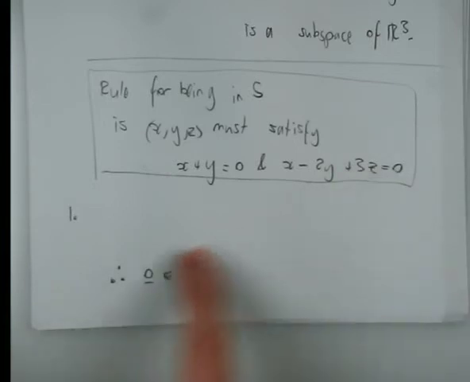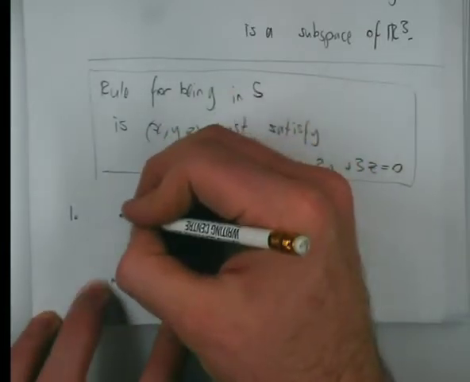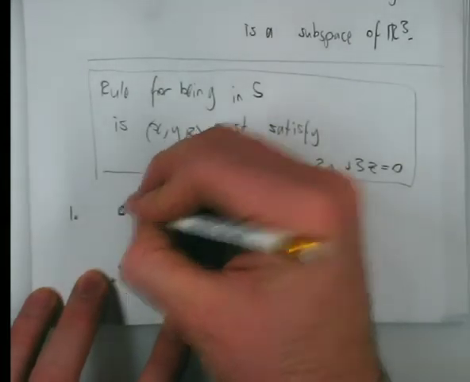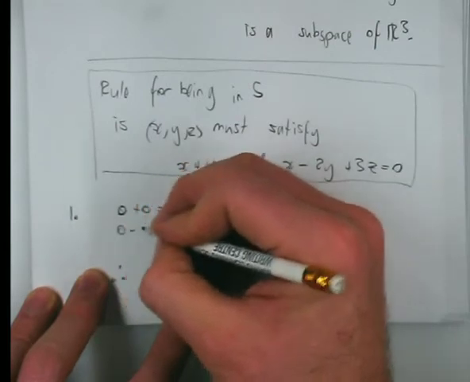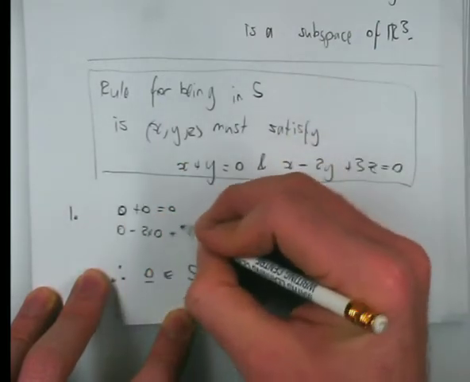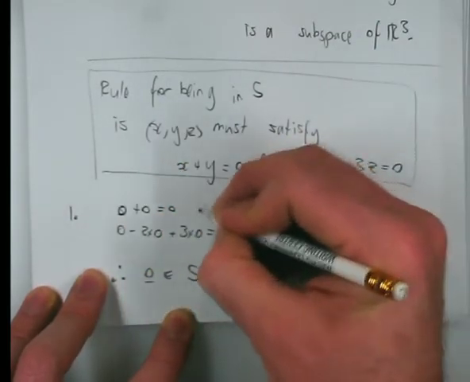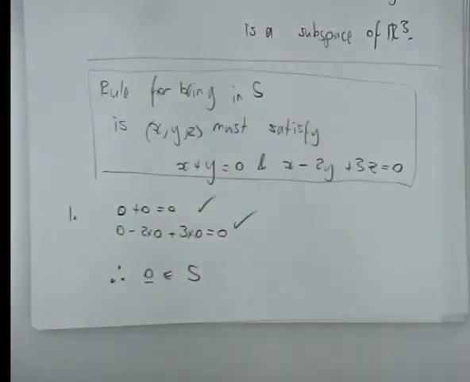So if the coordinates of 0 satisfy those equations, then it will be in there. So I have that 0 plus 0 is 0, and 0 minus 2 times 0 plus 3 times 0 is in fact 0, and so therefore 0 is in S. That's always the easiest one. Okay, because it satisfies the rule for being in S.